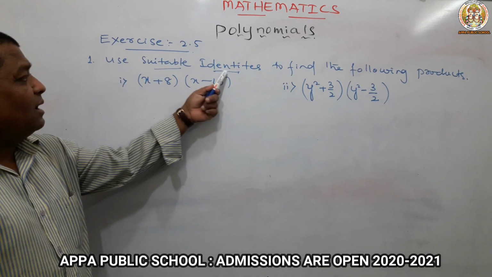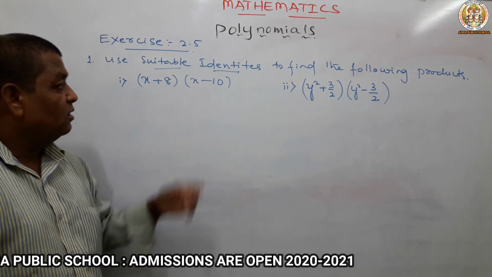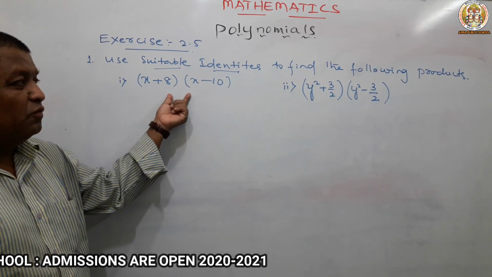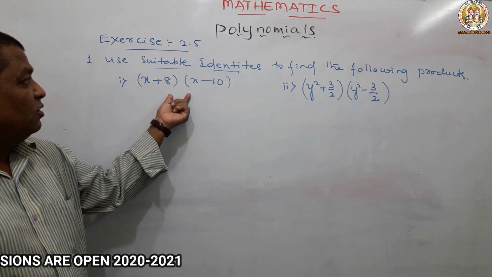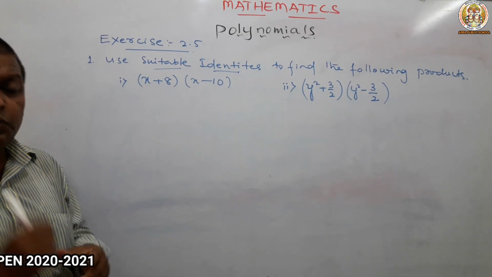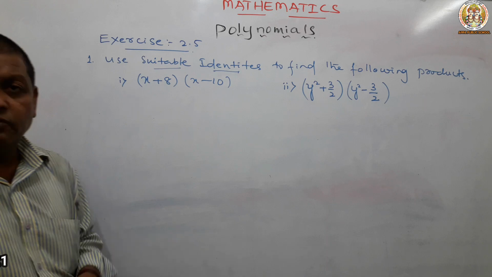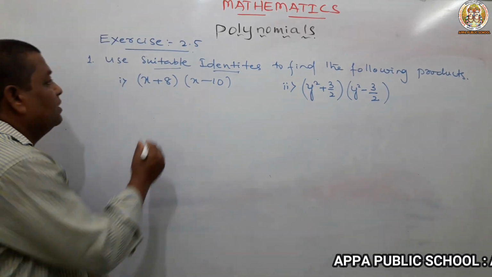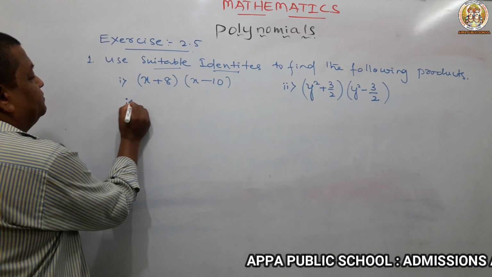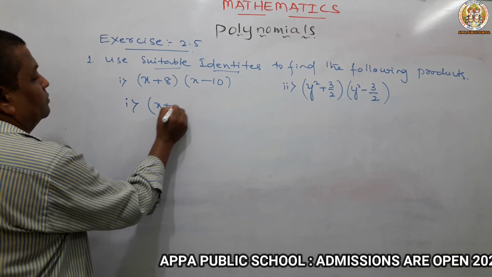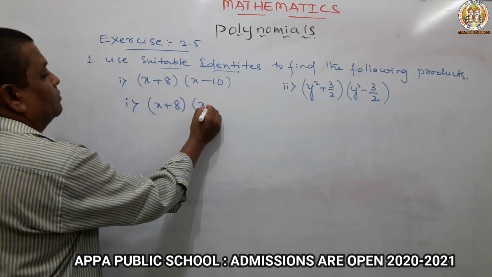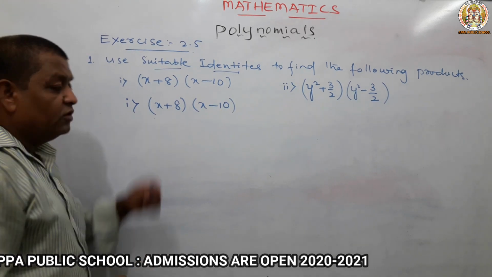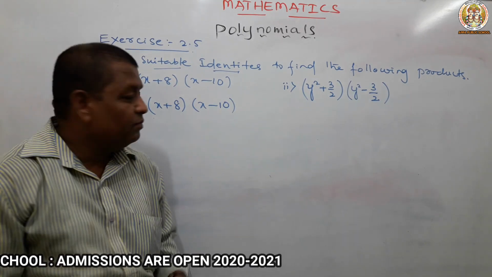Use suitable identities means to find these products we require suitable identities. We need to judge ourselves which identity suits this. See, the first one. This is the question I took.